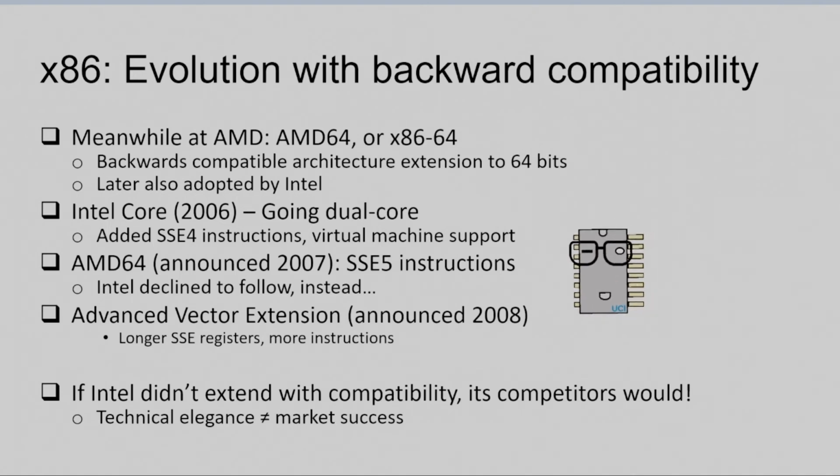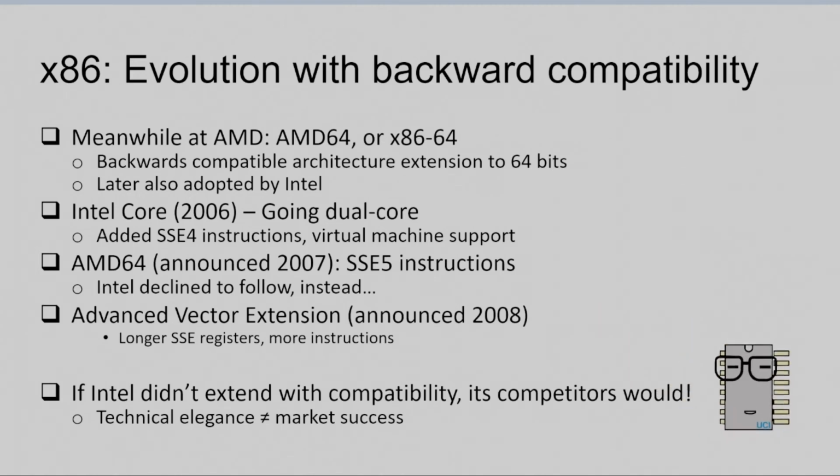AMD also tried to beat the gun and introduce its own SSE5 instruction set, but Intel declined to follow and came up with AVX. And this back and forth has been going on since then. And now we're entering a new era of development, which we'll probably have written in bullets after this when we're done.